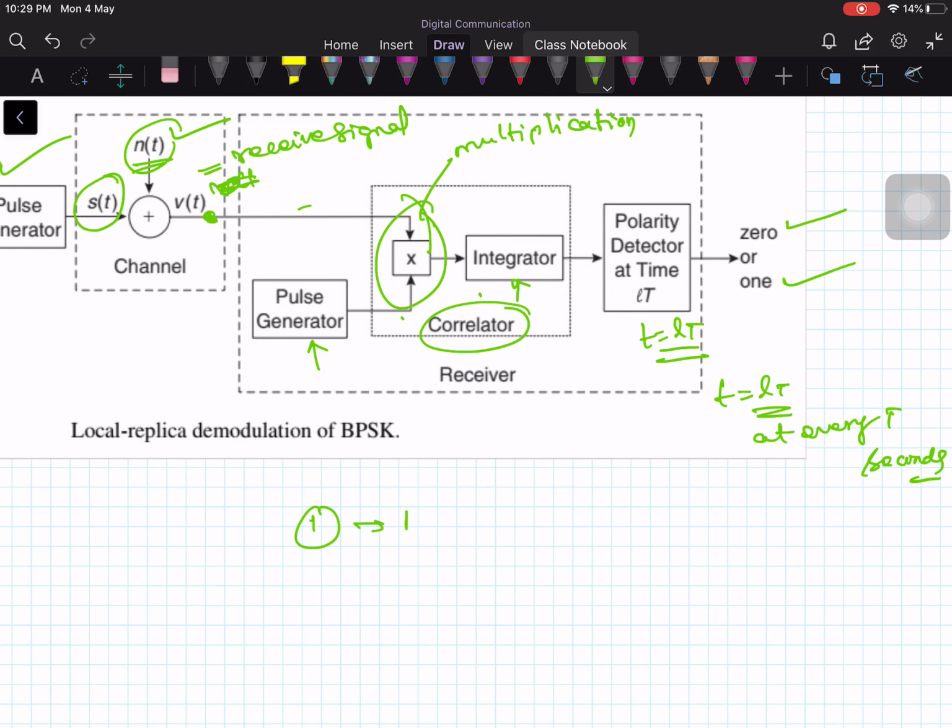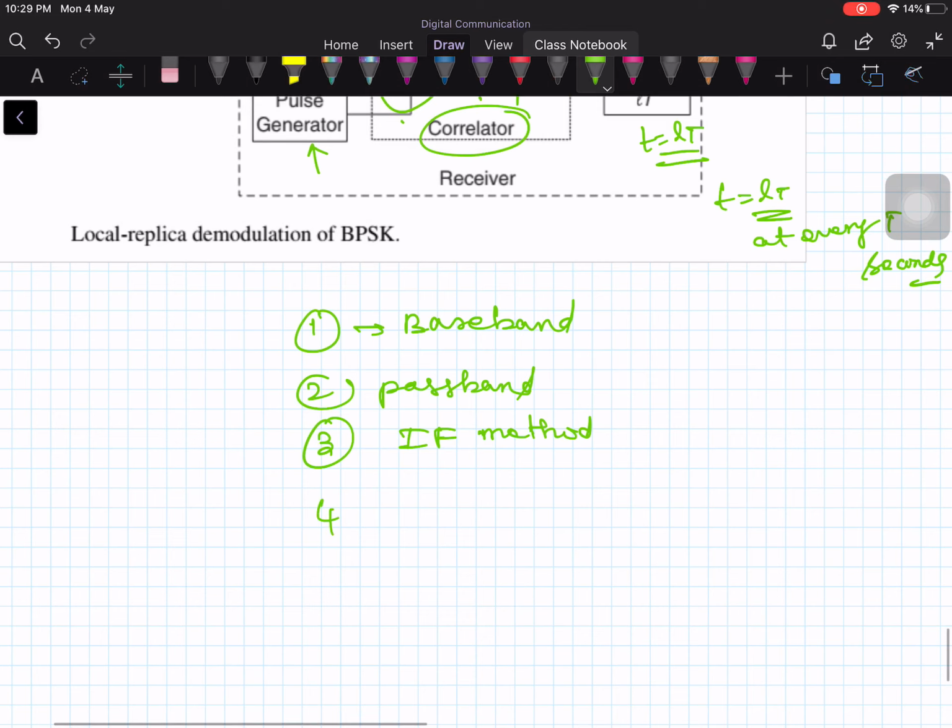Therefore, till now we have seen 4 methods. One is the baseband method for BPSK. Second one is the passband method, and the third one is the intermediate frequency method, and the fourth one is the correlator receiver.